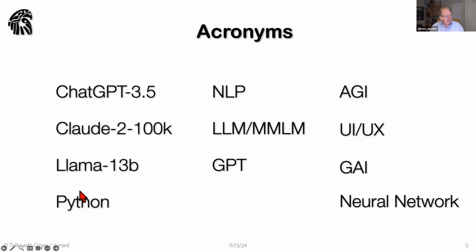The word Python is the computer language that is used for all of this now. The acronym NLP, Natural Language Processing. LLM was what was used in the beginning, Large Language Model. Now it's translated to multimedia language model.